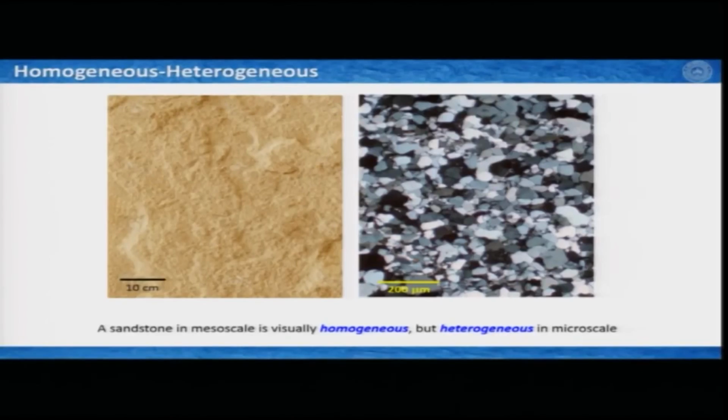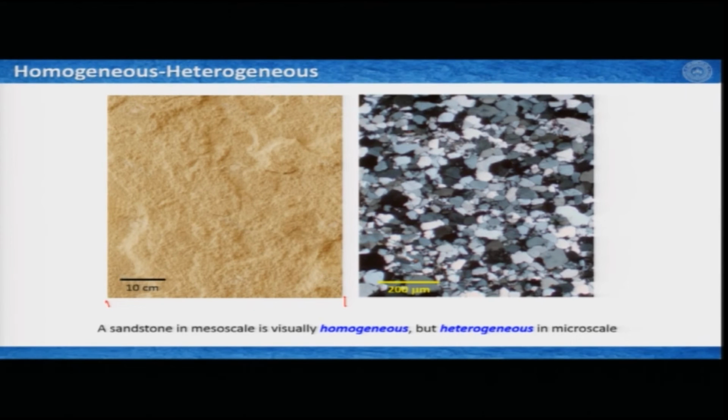So let us have a look at some examples. On the left side we have a photograph of a sandstone, a hand specimen of a sandstone. This is the scale. So if this is 10 centimeters, then maybe this would be around 80 or 90 centimeters altogether. And we see here, if we look at the color, that is one of the physical properties, then the color is mostly homogeneous, it does not vary. The appearance is mostly homogeneous, it does not vary.